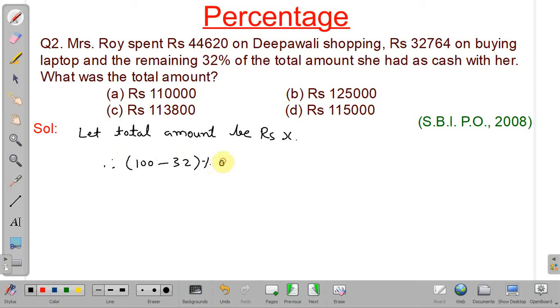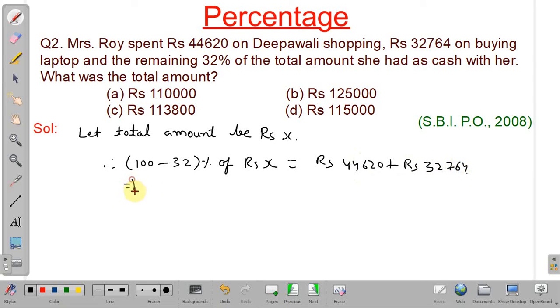Okay, and this much of rupees x is equal to rupees 44,620 on Deepavali shopping plus rupees 32,764 on the laptop.